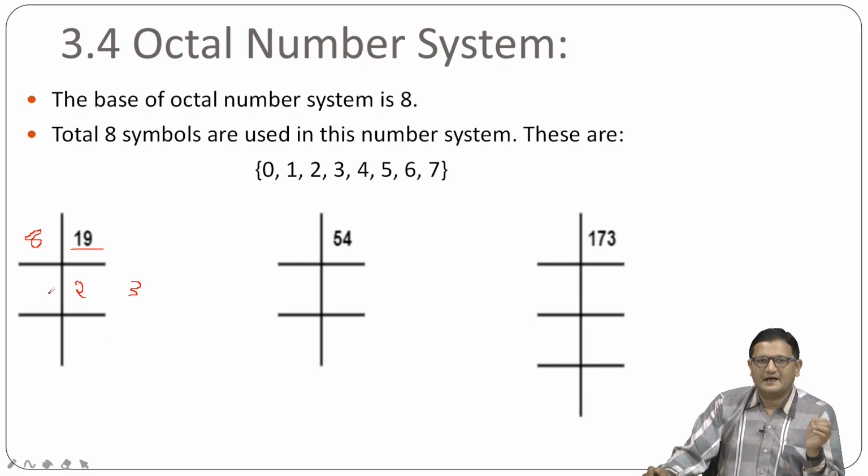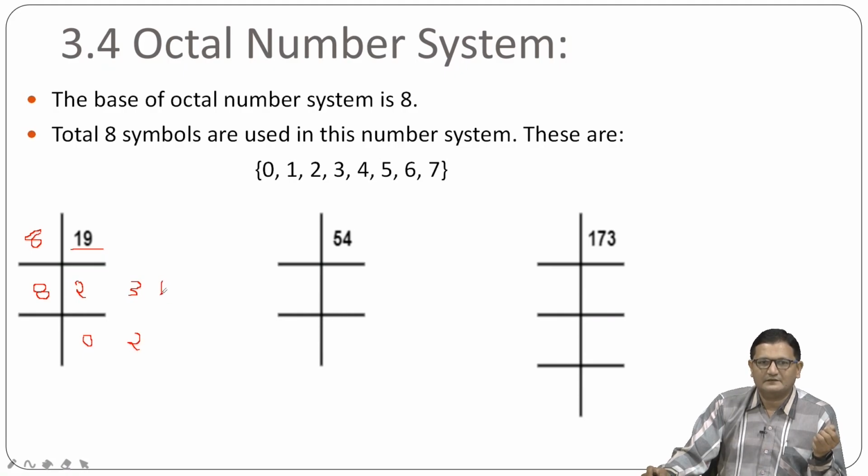Then again I will try to divide this 2 by 8. Now we know that we cannot divide 2 by 8, because 2 is already smaller than 8. So here we will divide in this way: 8 zeros are 0, okay, and how much remains? 2. So that 2 you just write down here. So here the remainders will be 2 and 3.